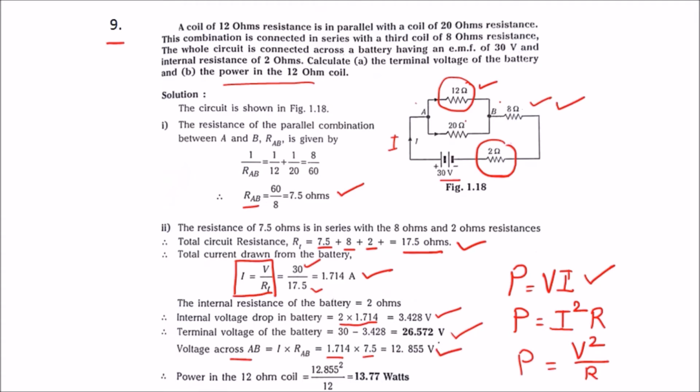Using this formula, that is P is equal to V square by R, we can find out the power across the 12 ohm resistance, that is 12.855 square divided by 12, that is the 12 ohm coil. Therefore the power will be 13.77 watts.